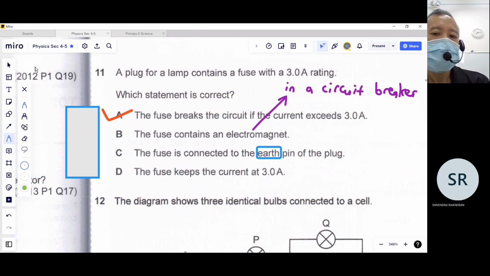A fuse does not. Is the fuse connected to the earth pin of the plug? No, never. It's always connected to the live pin or the live wire. All right, make sure you really burn that into your mind. The fuse is not to control the current.